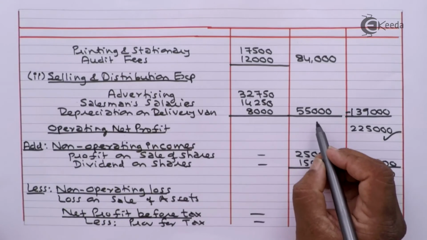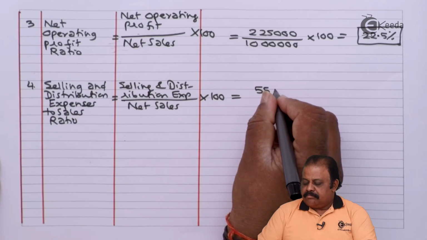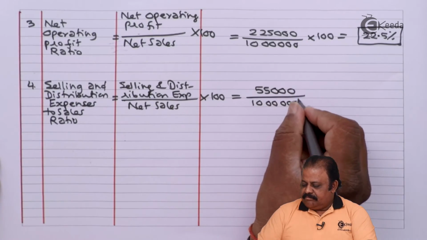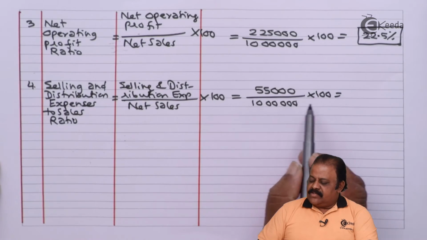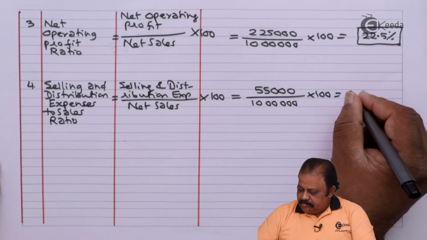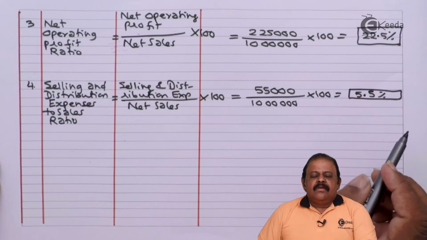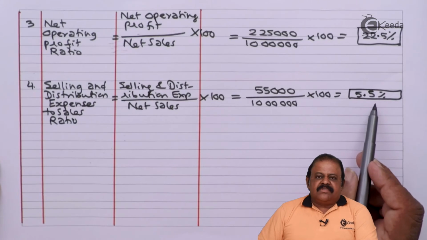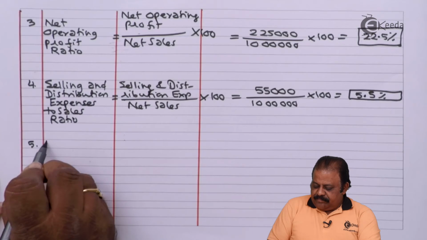Selling and distribution expenses total 55,000. 55,000 divided by 10 lakhs multiplied by 100 gives 5.5%.